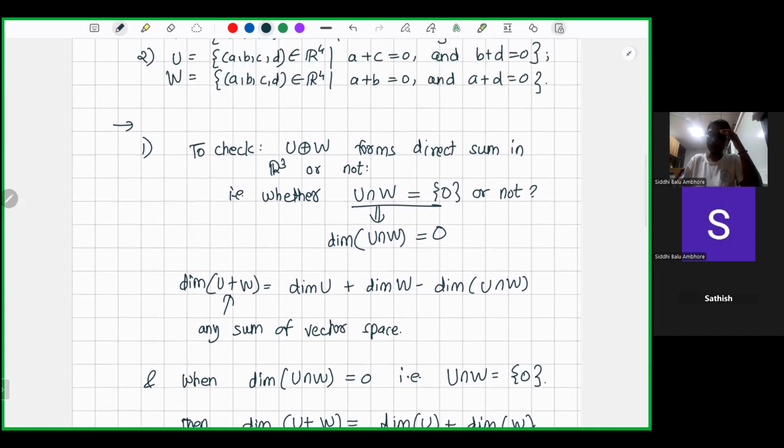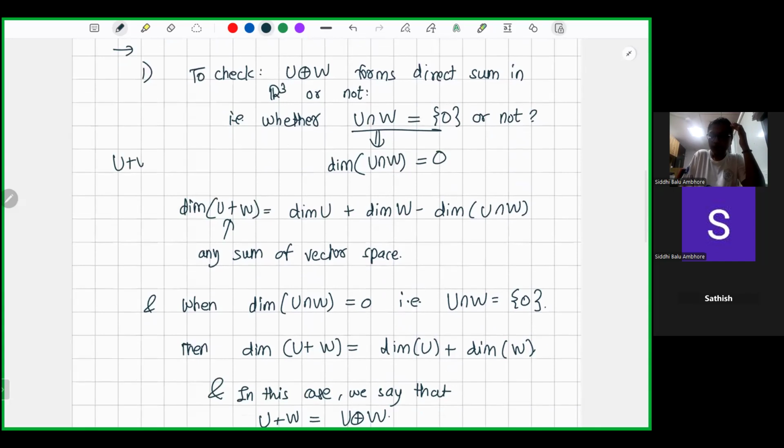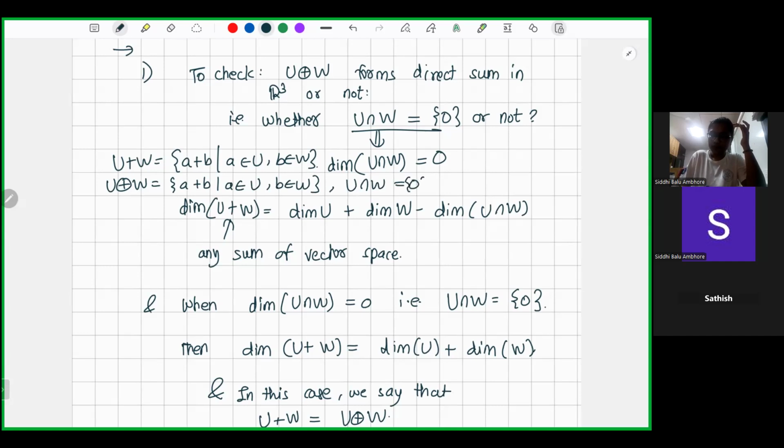What is the difference between just sum of vector spaces and direct sum? When we write U plus W, this is just a vector space with elements a plus b, where a is from U and b is from W. But when I say U direct sum W, then this is a subspace that again has elements of the form a plus b, where a is from U and b is from W, but it has one more condition, that U intersection W is just the 0 element.